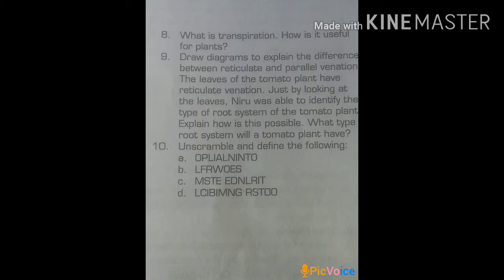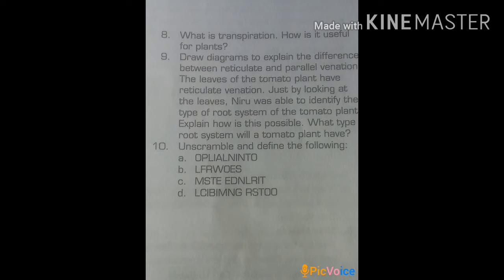Explain how this is possible. That means Neeru was able to identify the type of root system of the tomato plant. We will discuss these two questions of the 9th short answer question in two parts.